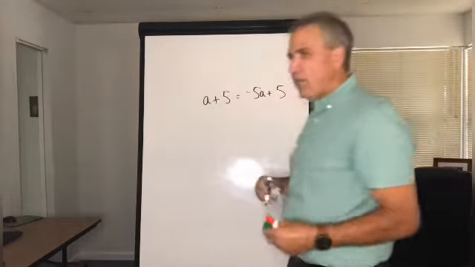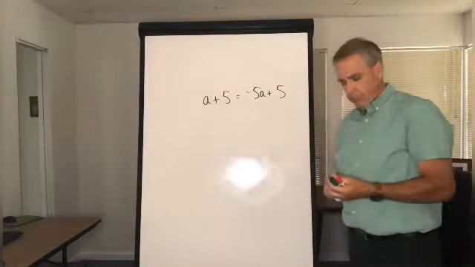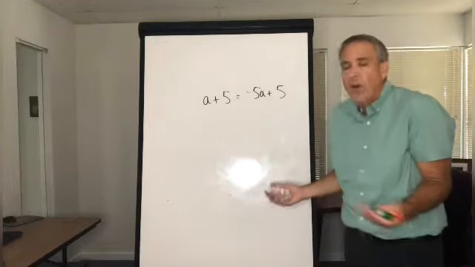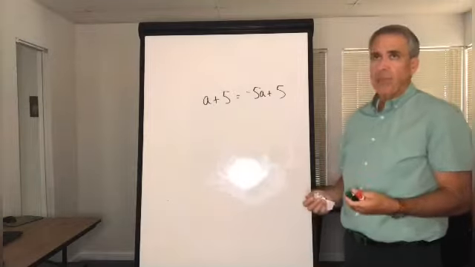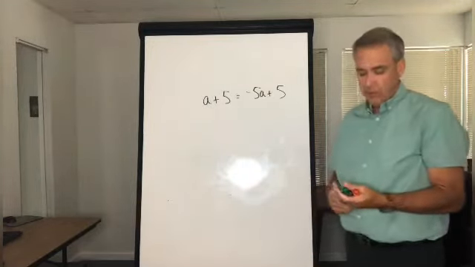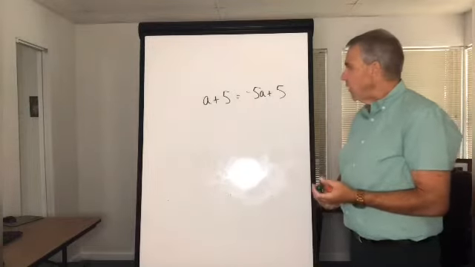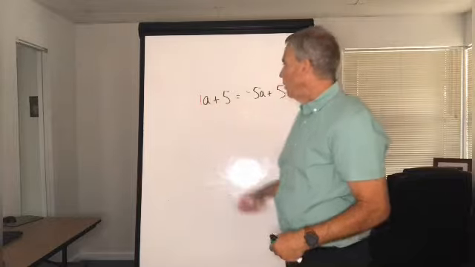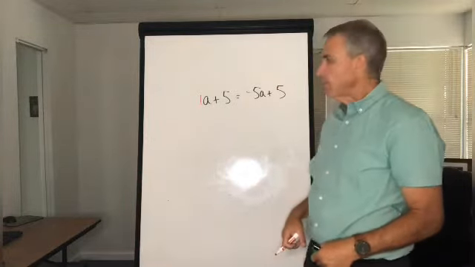Okay, so there's the problem. Again, we're going to be solving for A. We don't know what A is, but at the end of the problem, we're going to know. A is equal to whatever number it's going to be equal to. The first step here is to put a 1 in front of this A. So it's just not A, it's 1A.